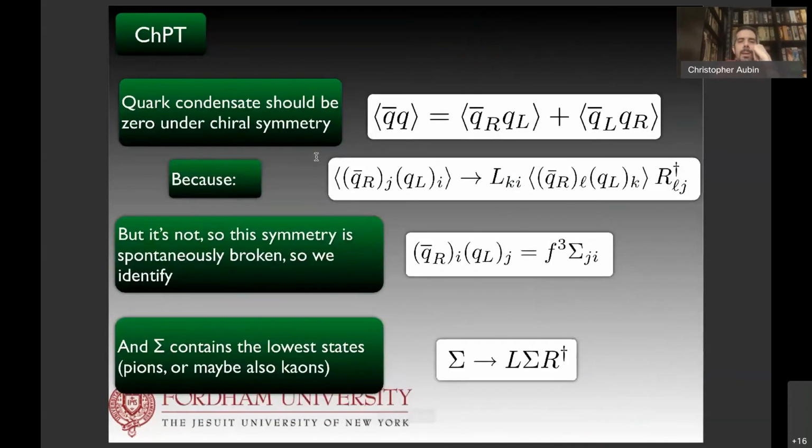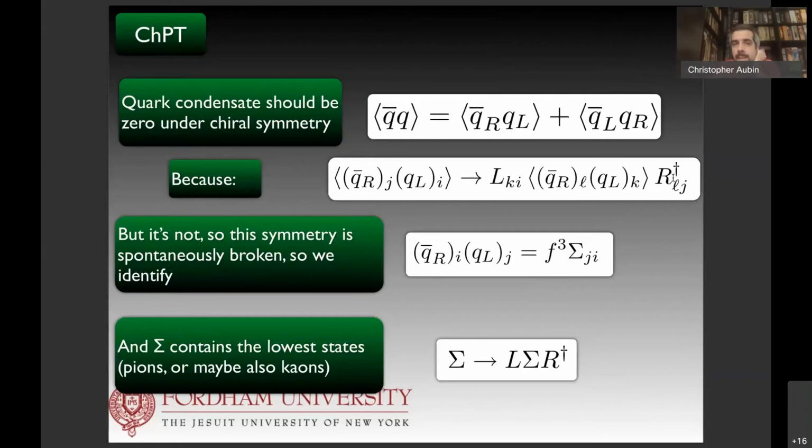That one quantity we'll talk about is called the quark condensate. I can write the quark condensate as the expectation value of Q bar Q, which involves the right and left-handed guys here. I'm writing this as Q instead of psi, same difference, from the previous slide. So if I look at the individual components of Q bar Q here, where J and I refer to the different quark flavors, then under the chiral symmetry, this would transform to this.